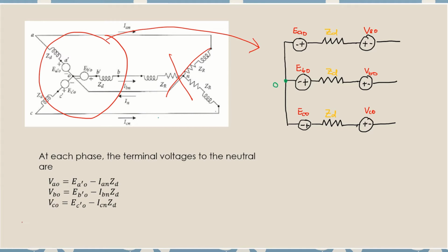Okay, so if you have a look, we have EA0 here, EA0 for phase A, ZD, and VAO. What is VAO? VAO means the voltage phase A connected to common point O. That is VAO.